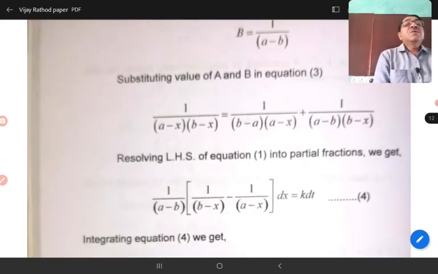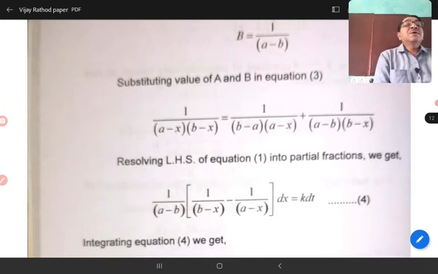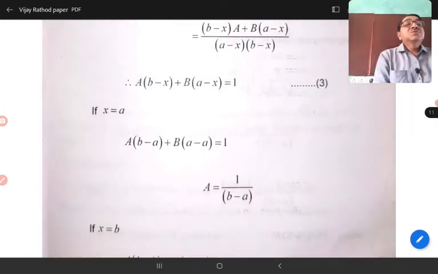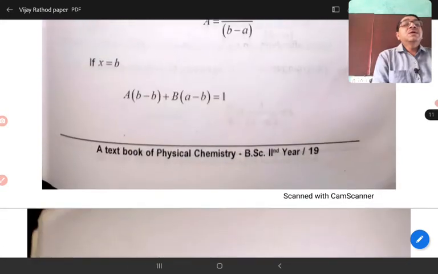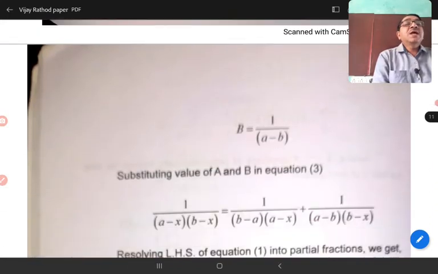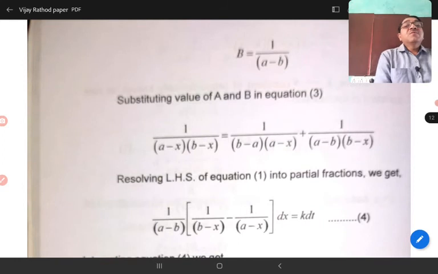So substituting the values of A and B in equation number 3, that is A into (b minus x) plus B into (a minus x) is equal to 1, we get 1 upon (a minus x) into (b minus x) is equal to 1 upon (b minus a) into (a minus x) plus 1 upon (a minus b) into (b minus x).